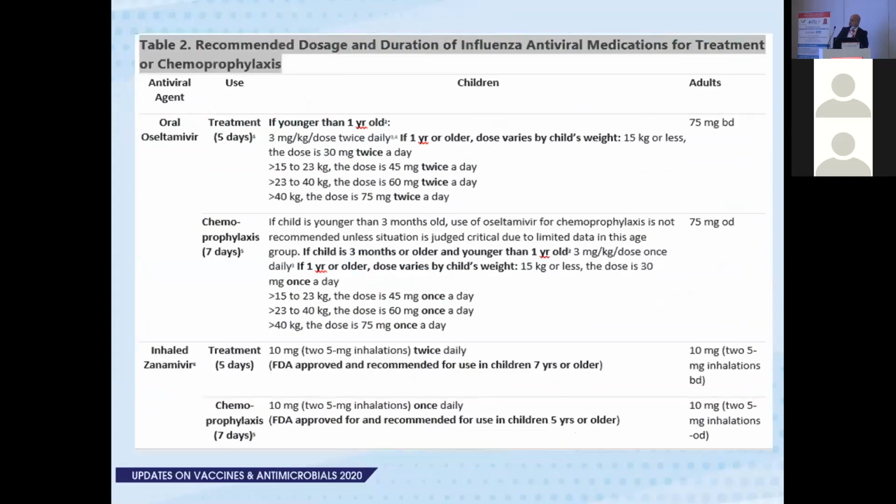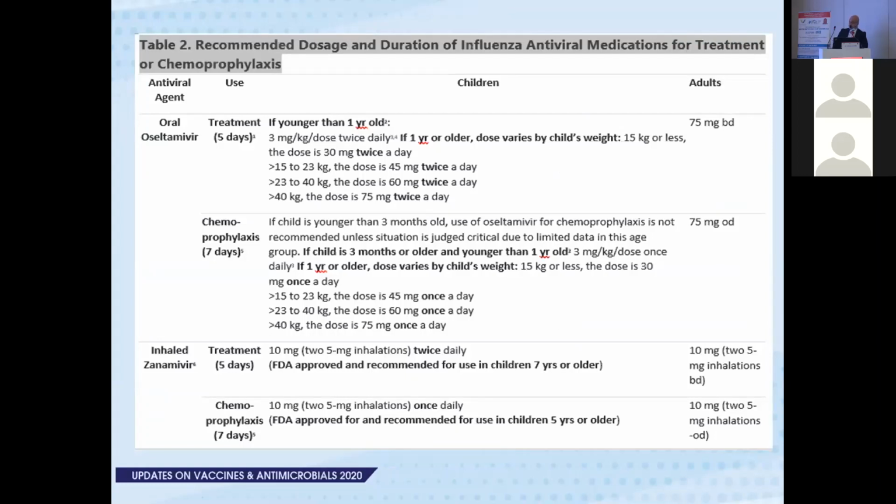And this table shows the dosage of each anti-influenza medication in case you want to use it for treatment or for chemoprophylaxis.